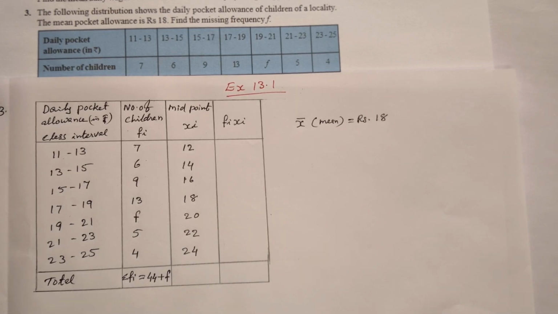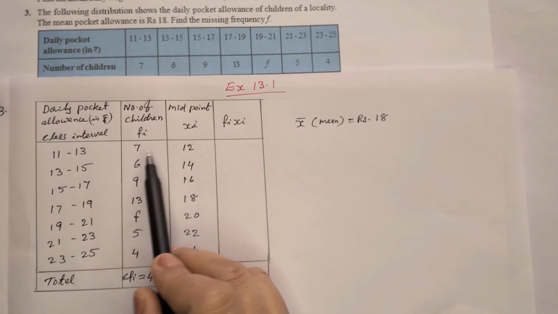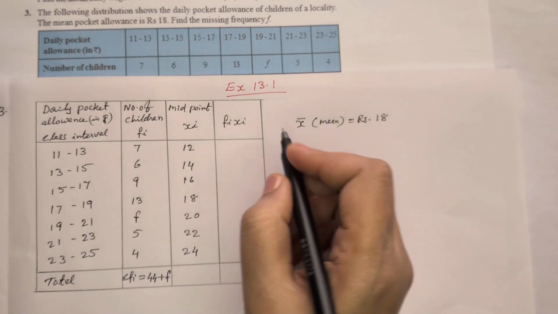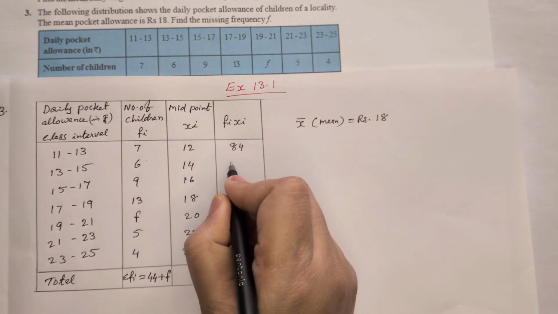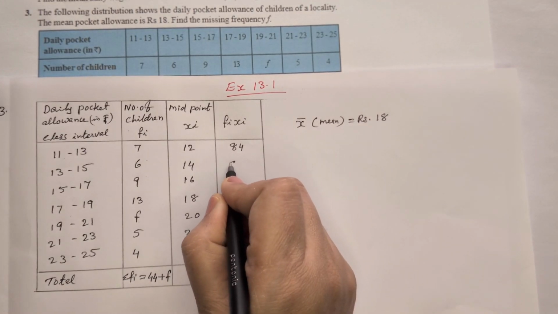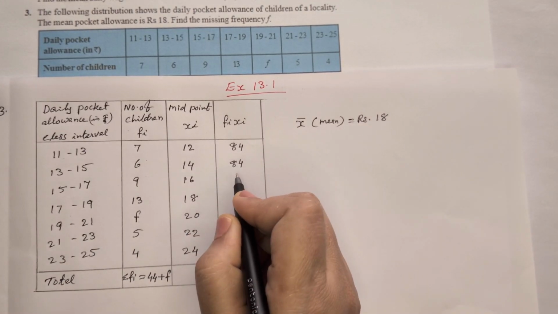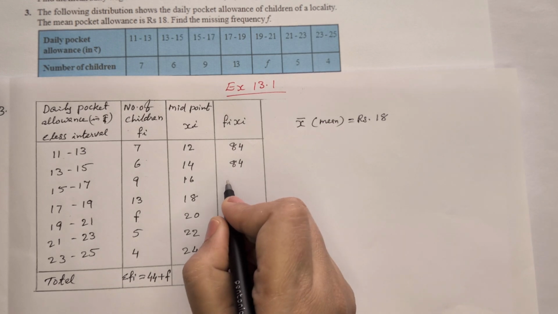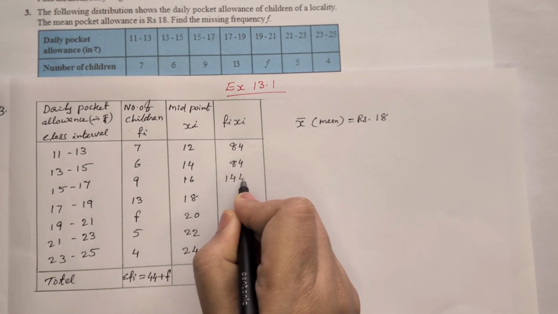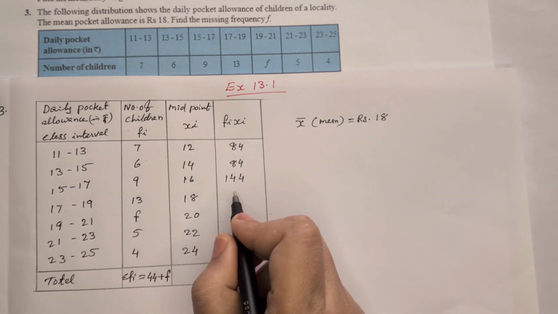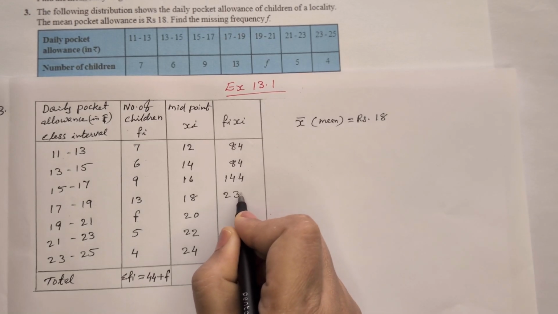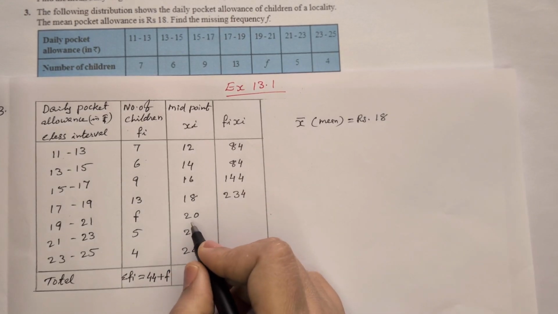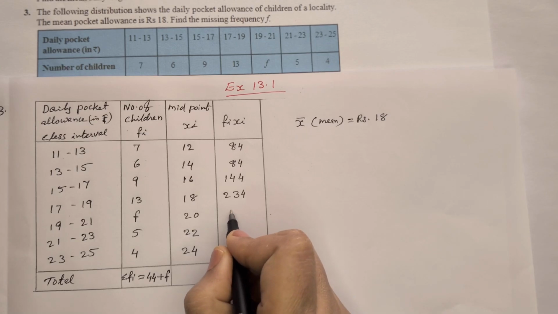We have to multiply Fi and Xi. 7 into 12, 84. 6 into 14, 84. 9 into 16, 144. 13 into 18, 234. Then 20 into F, that we can write as 20F.